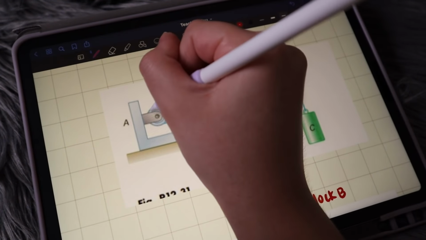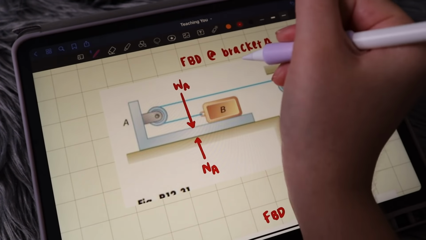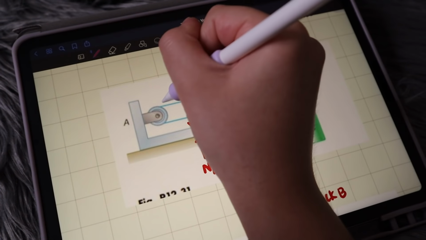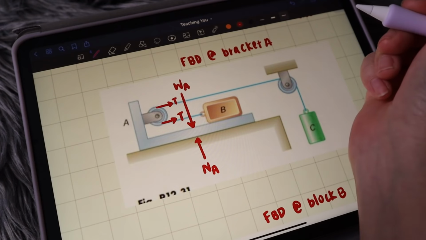There's also a pulley attached to A, and it has 2 cables right here pulling the bracket to the right. So we have 2 tension forces.